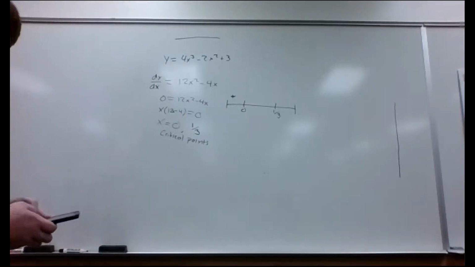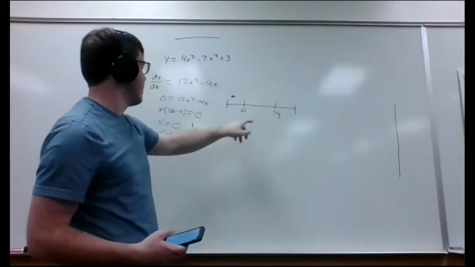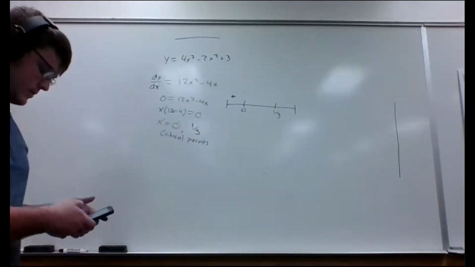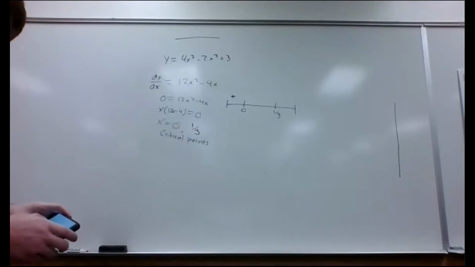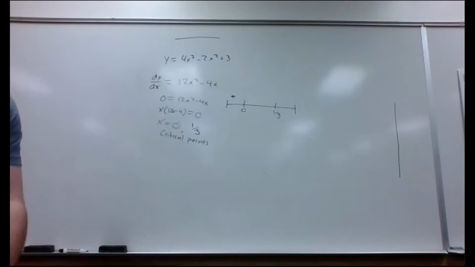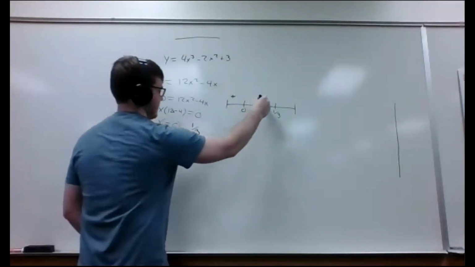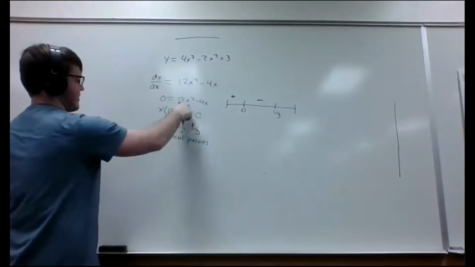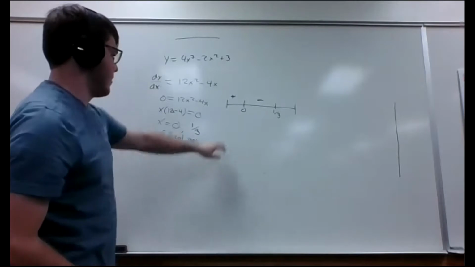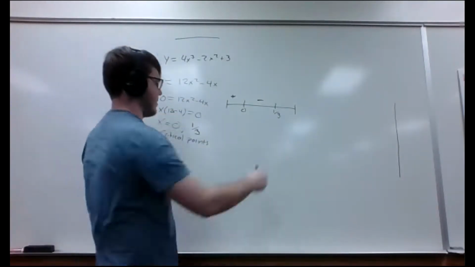So 0.25 squared times 12 minus 1. If we plug in 0.25, this actually comes out to be a negative, like negative 0.25 for this. And then if we plug in a 1 for this, it's going to be 12 minus 4, which is positive, right?